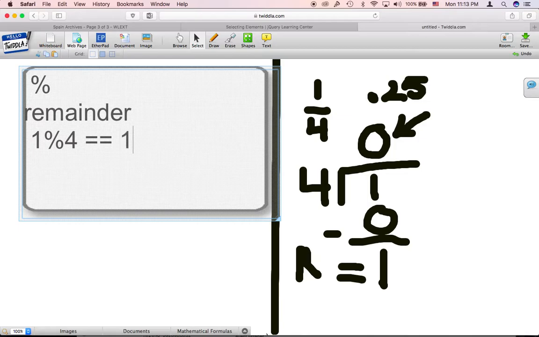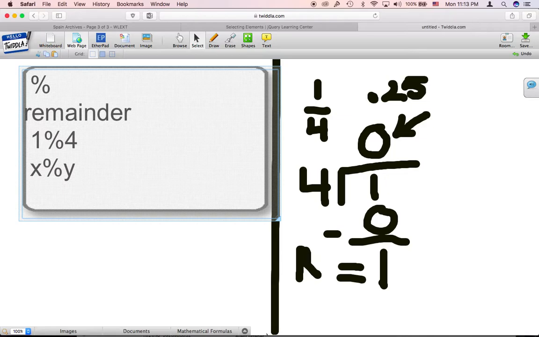Now, if you don't like the 3rd grade method, there is another way, using an equation. And we're going to keep this example for our 1 modulus 4. We're just going to say that 1 is x and 4 is y. So the way that you would do this is like this.